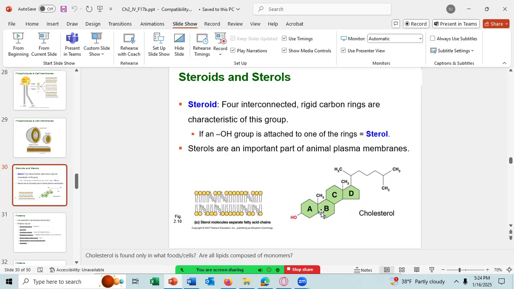This molecule is specifically cholesterol, which, as you can see, is inside the cell membrane of this cell. And you only find cholesterol in animals. So if you want to have a cholesterol-free diet, you don't eat anything that you get from animals, meaning any animal product.